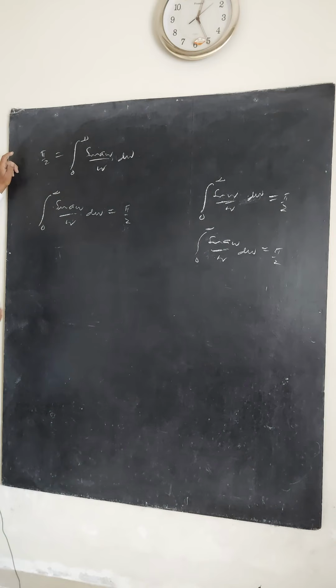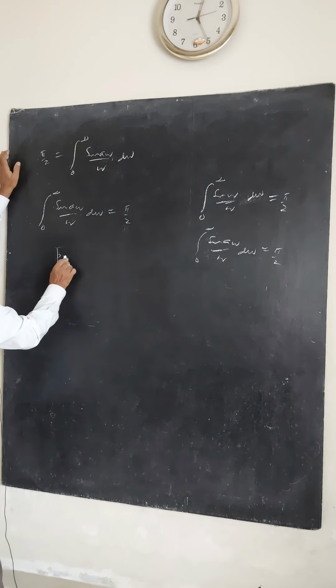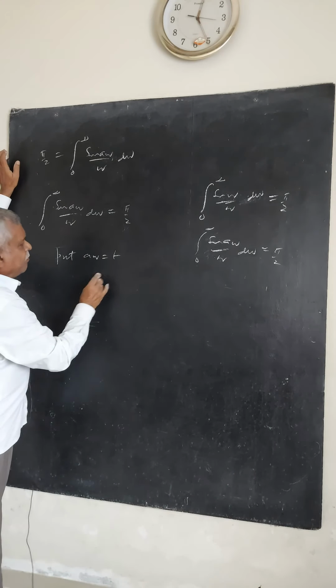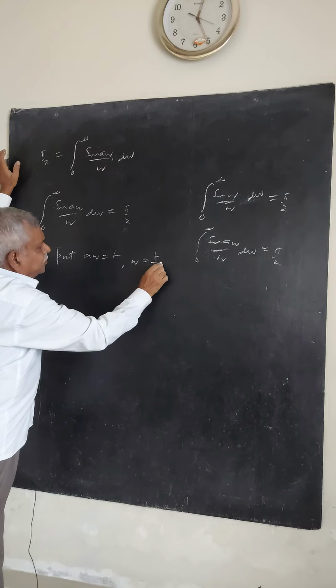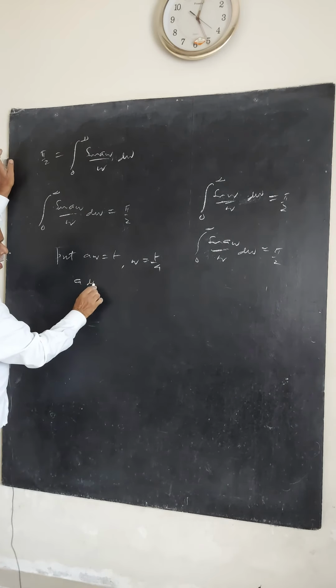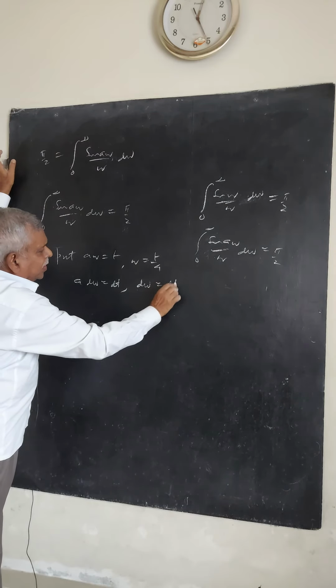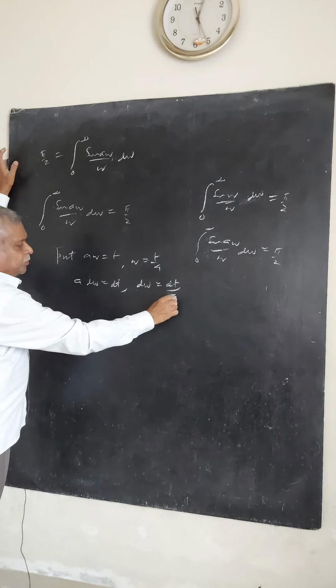Similarly, we can see it easily by substitution. Put a omega equal to t, omega equal to t by a, d omega equal to dt by a.